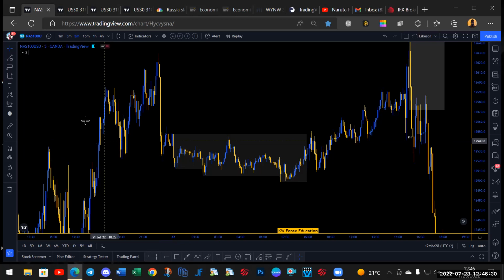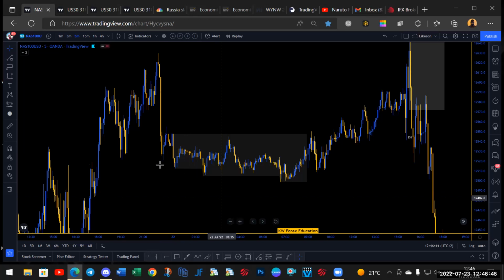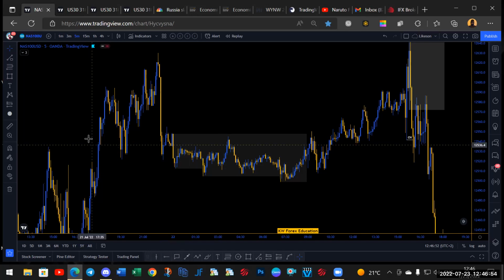If you can start from here. So market is going up, then you have this sudden move to the downwards, right? So now, where is that?